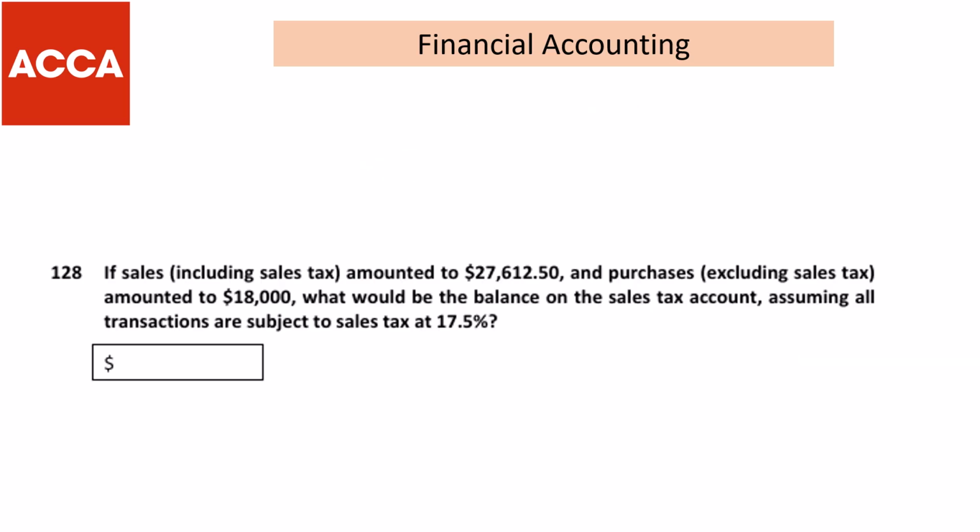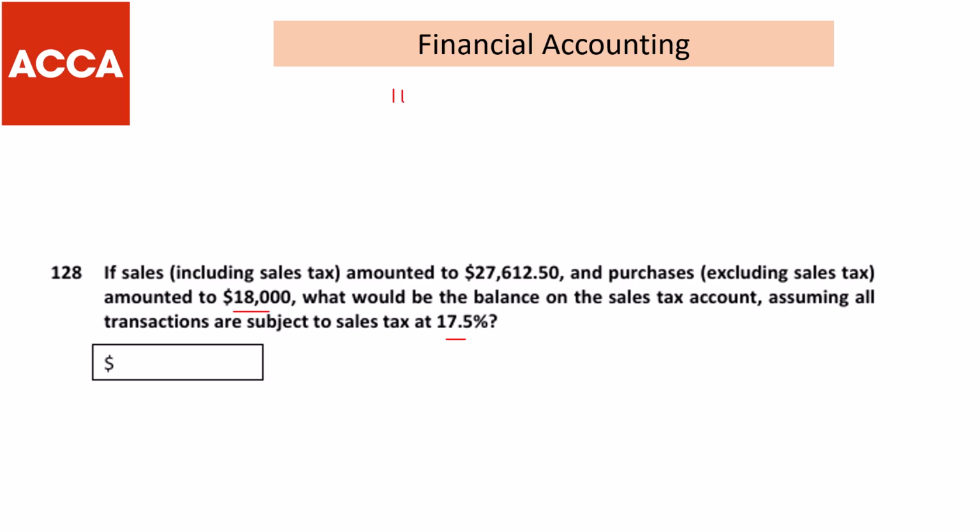Right. If sales, including sales tax, amounted to 27,612.5 and purchases, excluding sales tax, amounted to 18,000, what would be the balance on the sales tax account, assuming all transactions are subject to sales tax at 17.5%? Let's do the sales one first.